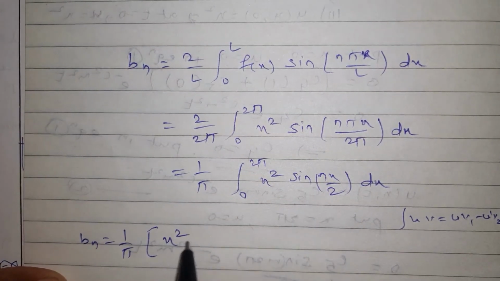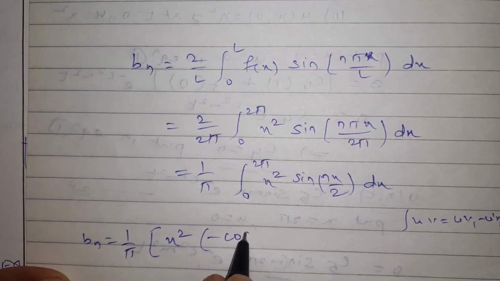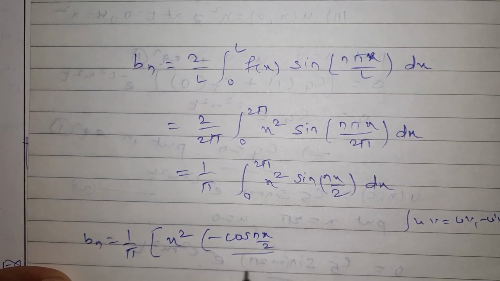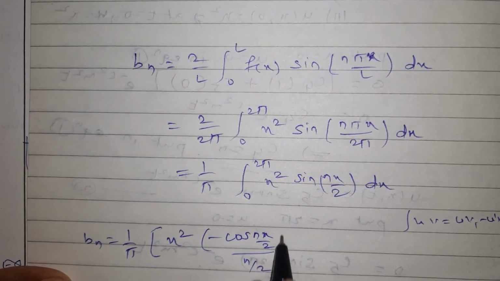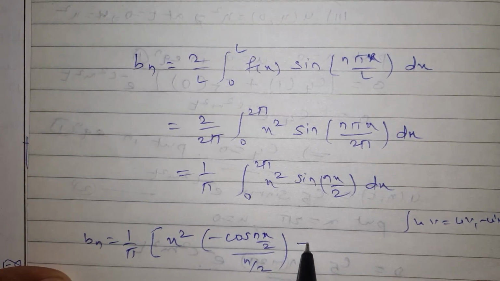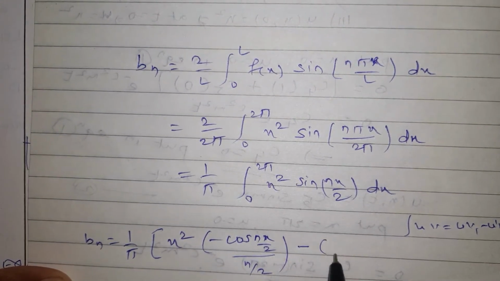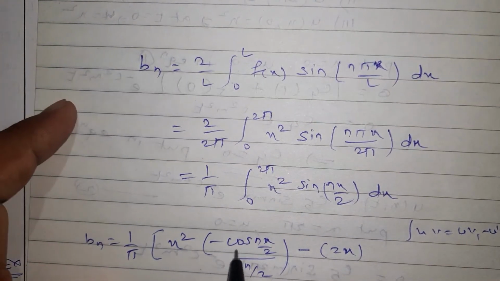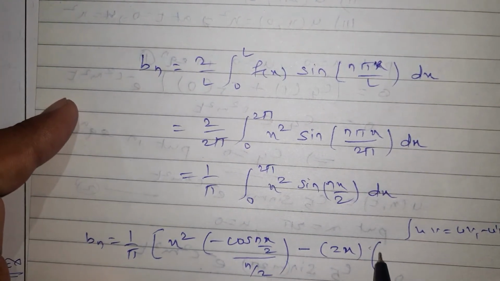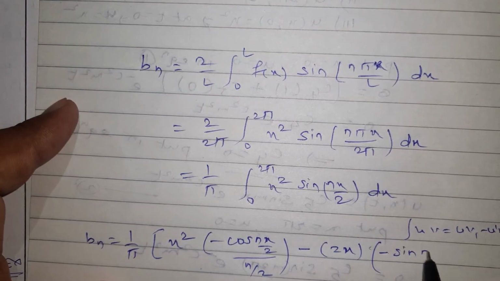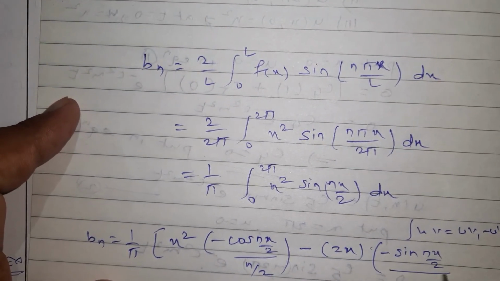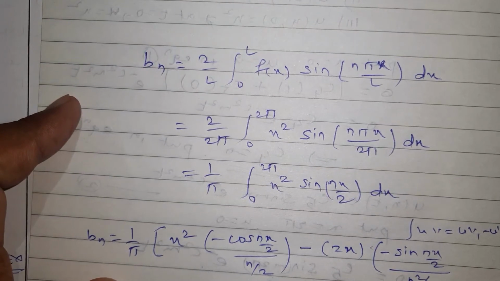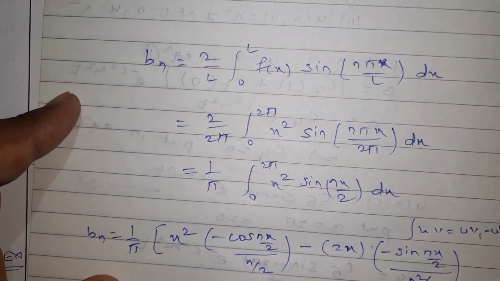What is integration of sine? Minus cos nx upon 2 divided by n by 2. Correct? Minus. What is derivative of x square? 2x. And what is integration of minus cos? It is minus sine nx upon 2 divided by square of this, n square upon 2 square, that is 4. Correct?